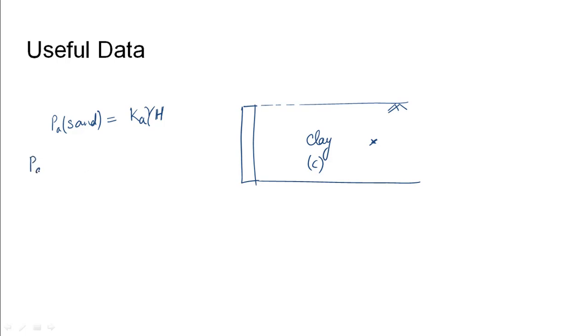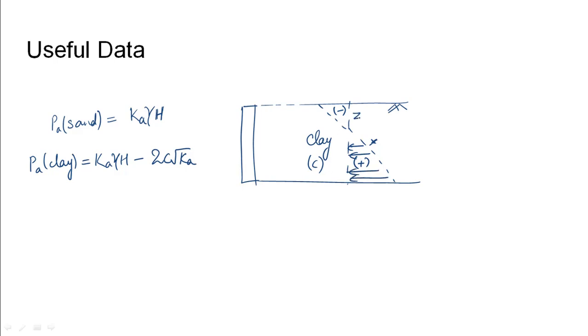But when we compare this with clay, it will have a certain cohesion of its own, and a negative term gets added to this, which is given as minus 2c root Ka. Due to this, there will be a certain amount of negative pressure that acts on the wall, and once this negative pressure region gets over, then only positive lateral earth pressure is exerted on the wall.